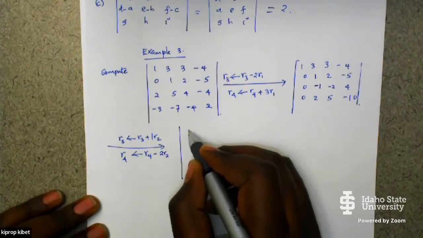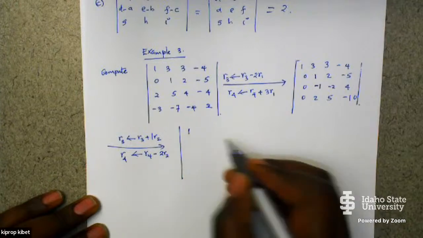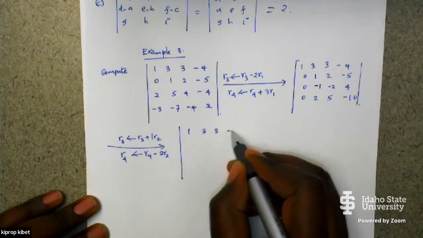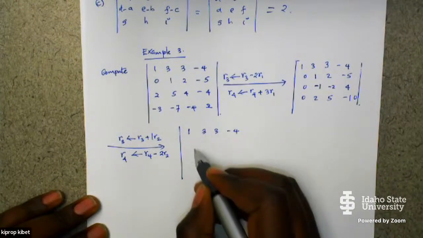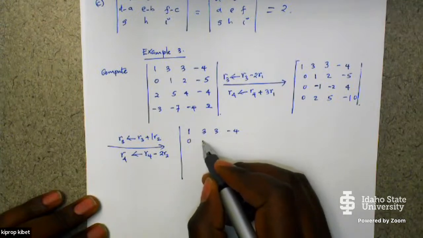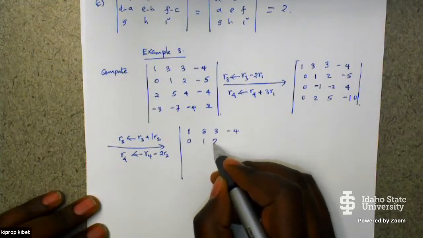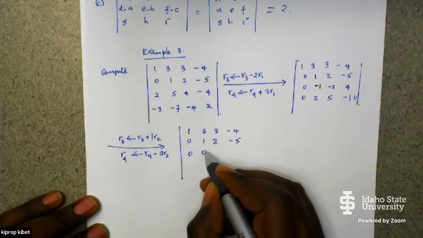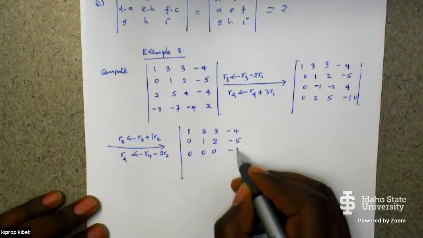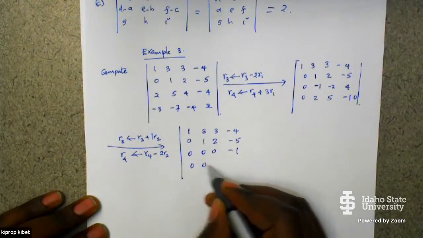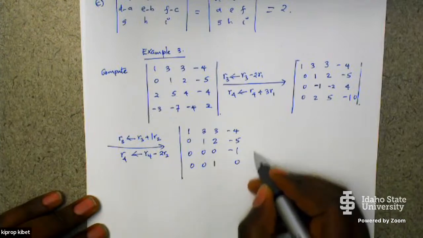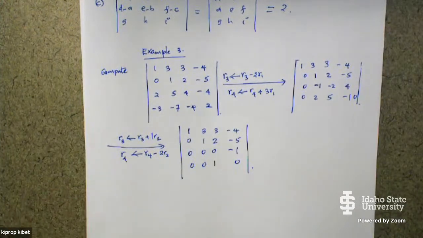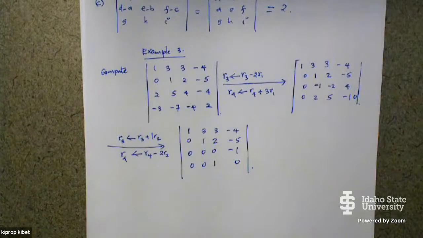We get 1, 3, 3, -4, then 0, 1, 2, -5, then 0, 0, 0, -1, and then 0, 0, 1, 0. So that is what we do.